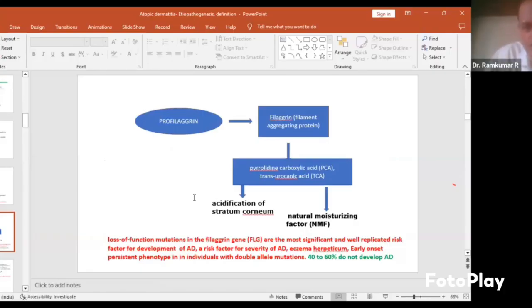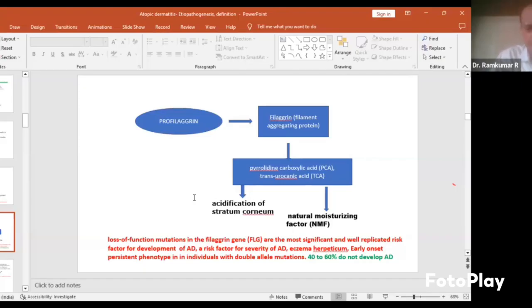Subsequently, it breaks down in the stratum corneum to produce products which acidify the stratum corneum, and natural moisturizing factors. In fact, we are not very sure how much this acidification contributes to the acid mantle of the skin pH, because the acid mantle can be due to filaggrin products, fatty acids from sebaceous glands, the sodium hydrogen antiporter, or melanocytes.